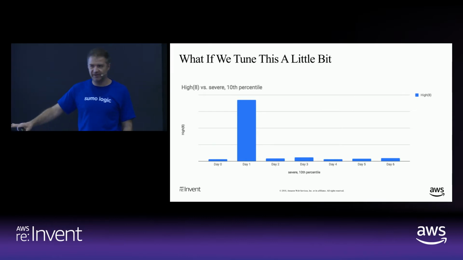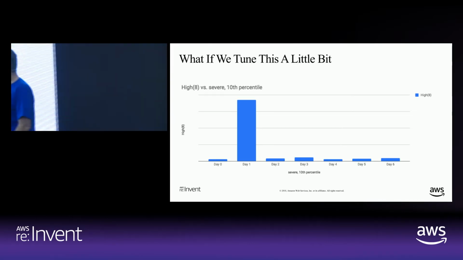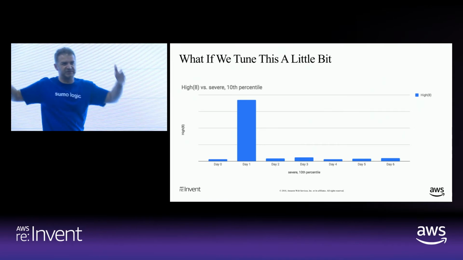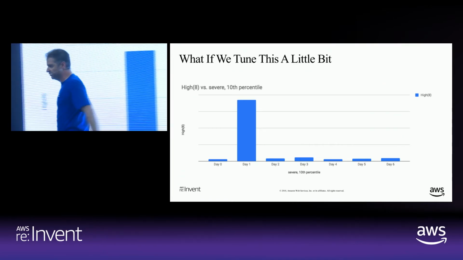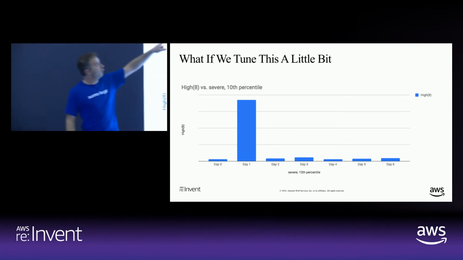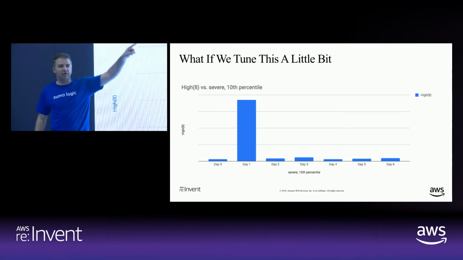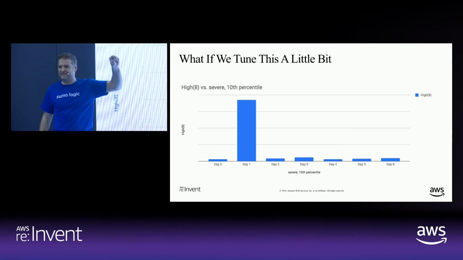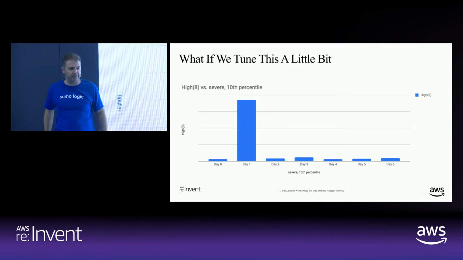Now I've zoomed in. This is the same 7-day picture, and because it got washed out in this big, massive sea of data, what you now see is that on day 2, there was something that was different. For high severity events, of number of events that compose less than 10% of the data, okay?